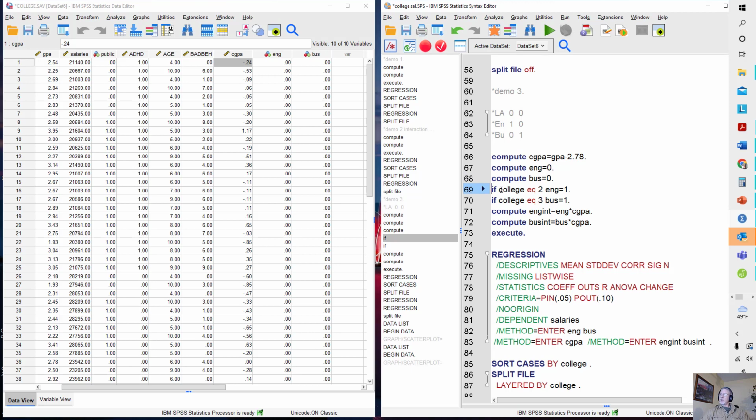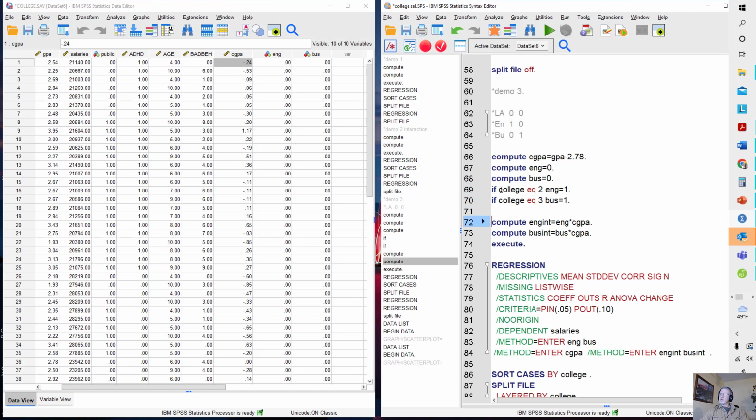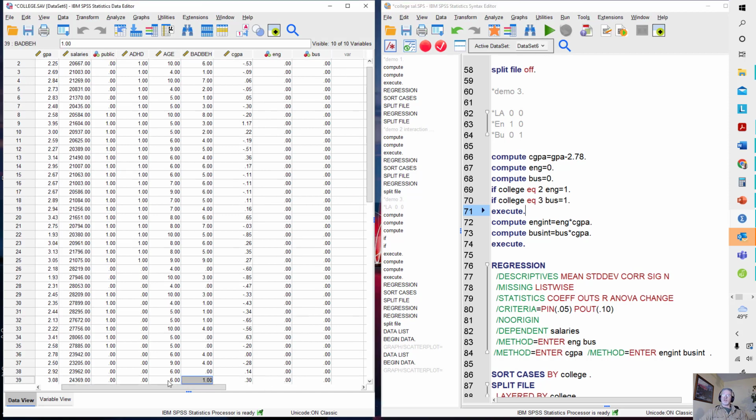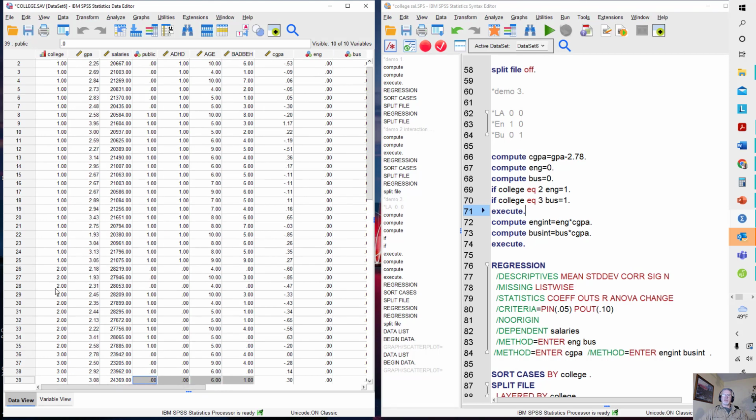Then I'm going to go ahead and change the engineers to 1, the business to 3 by saying if college, my variable over here, is equal to 2, I want the engineers over here to be 1.